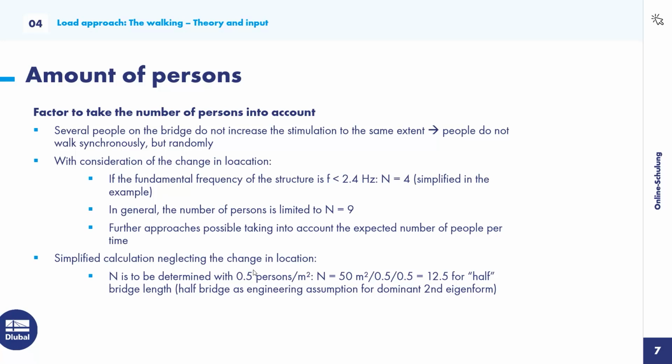And that's not quite good. But what I would do in our case, I saw that the second eigenform is also like a second eigenform. That means it has two waves in this case, or two bows. And that's why I also inserted this factor 0.5, because I think it's okay to just consider half of the bridge with that dominant eigenfrequency.